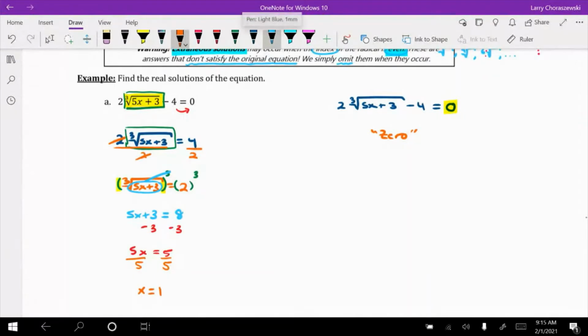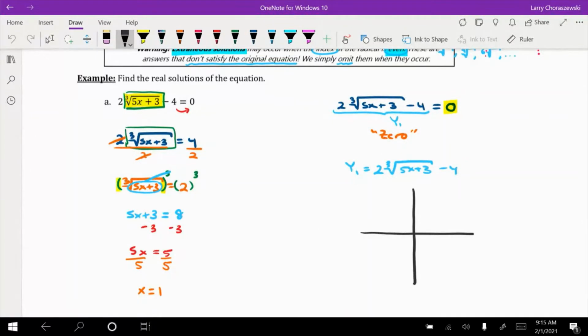We are going to define our y1 as the left-hand side expression. Get a coordinate plane going underneath it. And let's get to our graphing calculators. Show you how to type this in.